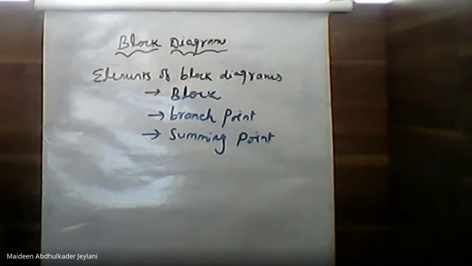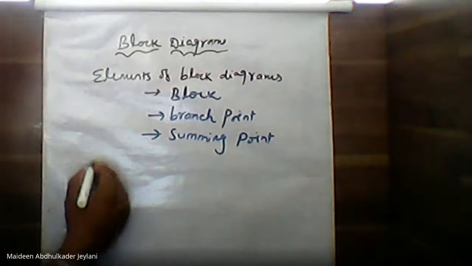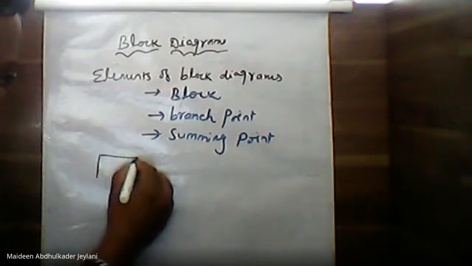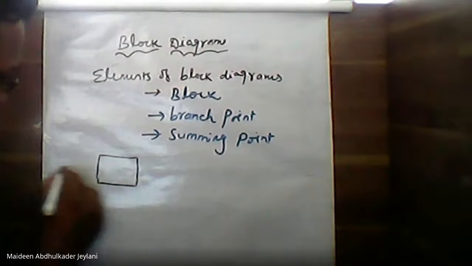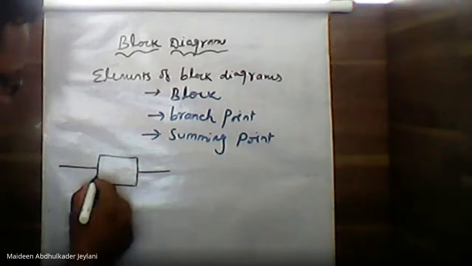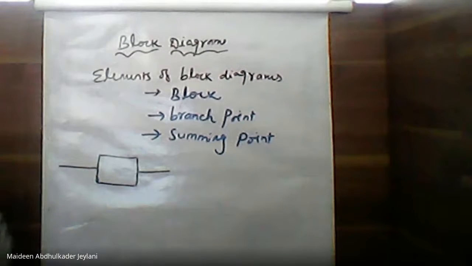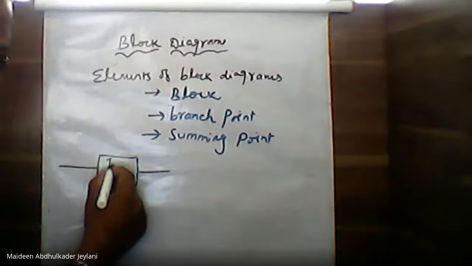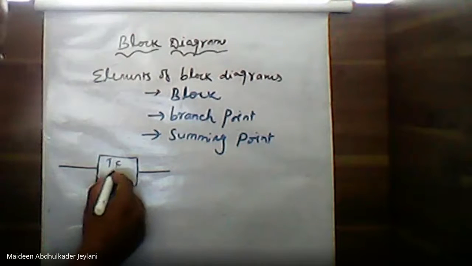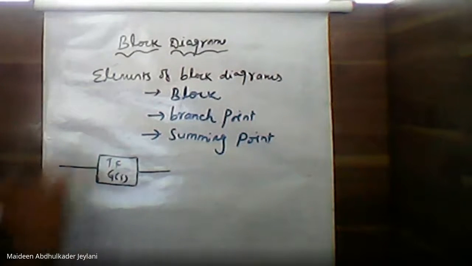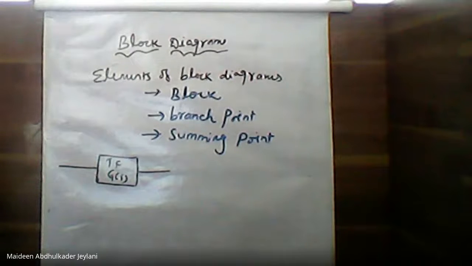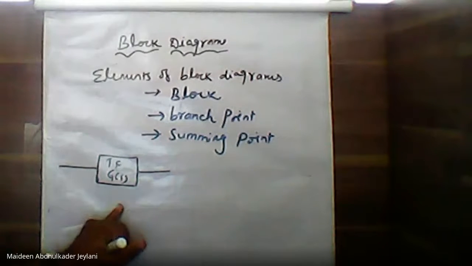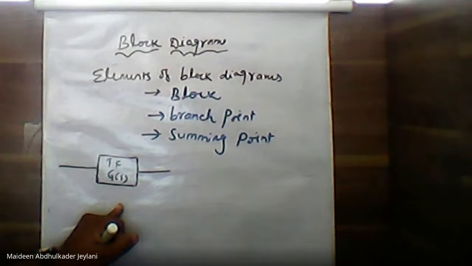Let's see one by one, what is a block. Say for example, consider any system. We can say the transfer function is G of s, or system gain G of s.